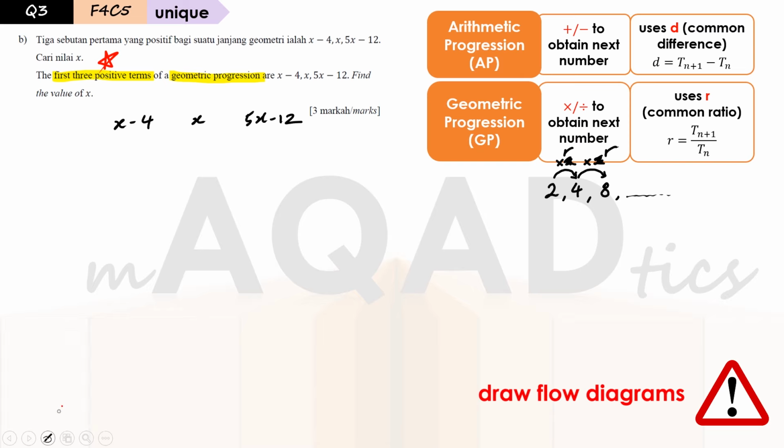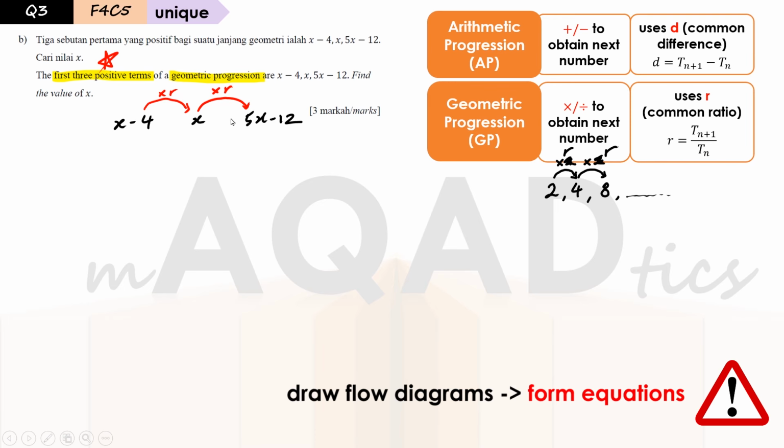If we want to get the next number, from x minus 4 to get x, we need to multiply by r. From x to get 5x minus 12, we also multiply by r. Again, we can use the same technique in part A and form equations based on this diagram.